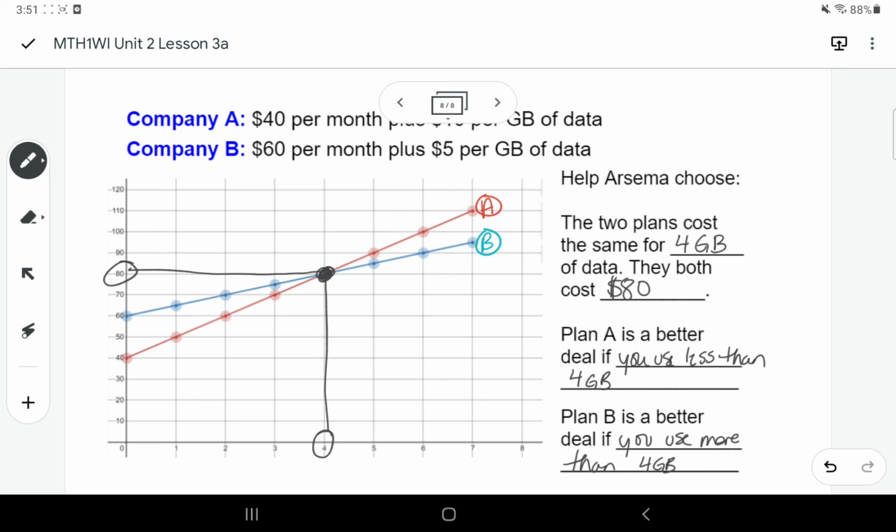We're going to be talking about where two lines cross and how we can interpret that in terms of a real world situation. So you guys have one homework question in the lesson 3 homework that goes through a very, very similar example to this, and that can be completed on the homework sheet.